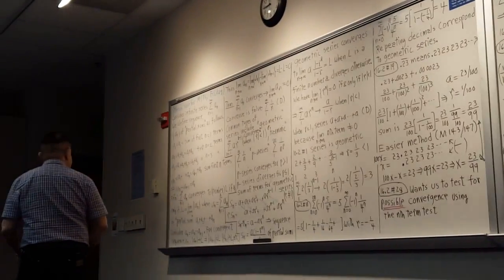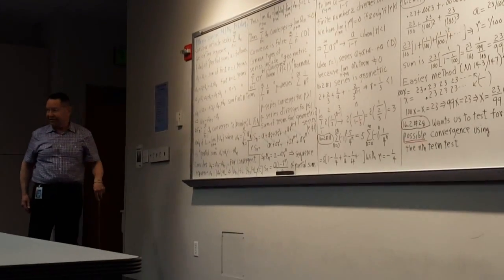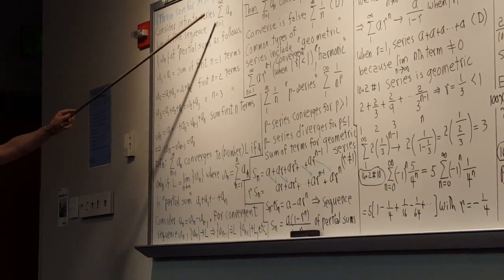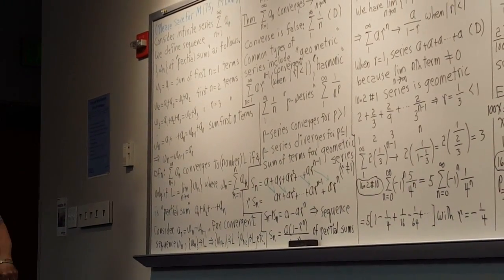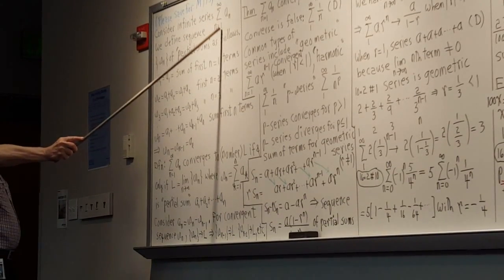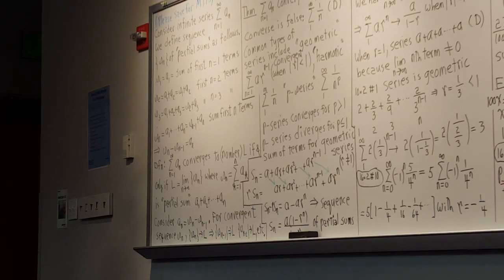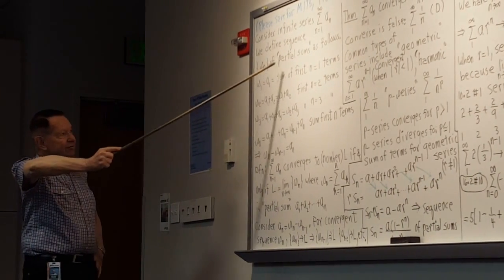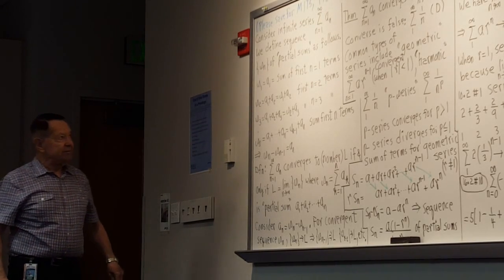So we're thinking about what we call an infinite series. This is section 10.2, and this is your summation symbol that tells you to add. So it means A1 plus A2 plus A3 and so on like that. So we define then the sequence of what we call partial sums in the way that I'm showing you.